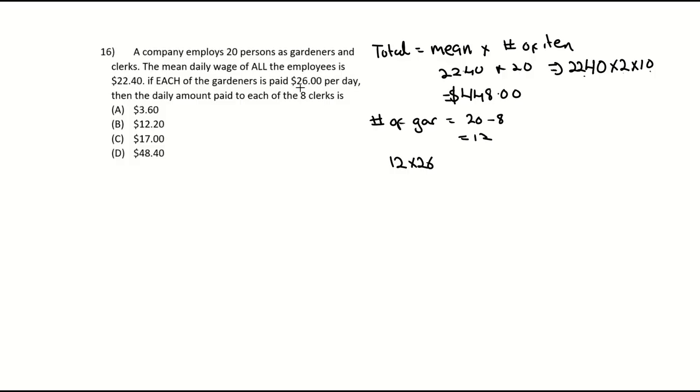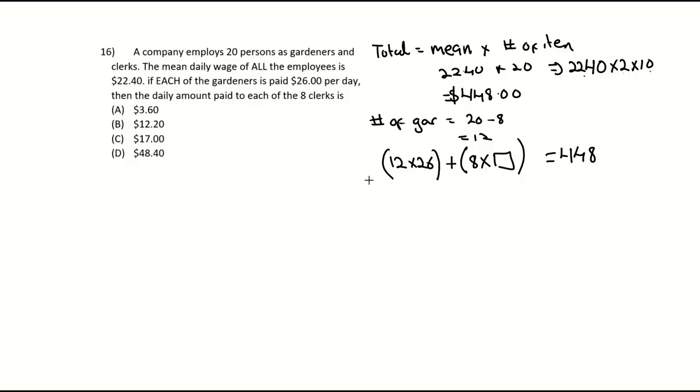Each of the gardeners is paid $26 per day. So 12 by 26, right? Plus 8 multiplied by some number. We don't know the number. This is how much each clerk is getting, and the total would be $448.